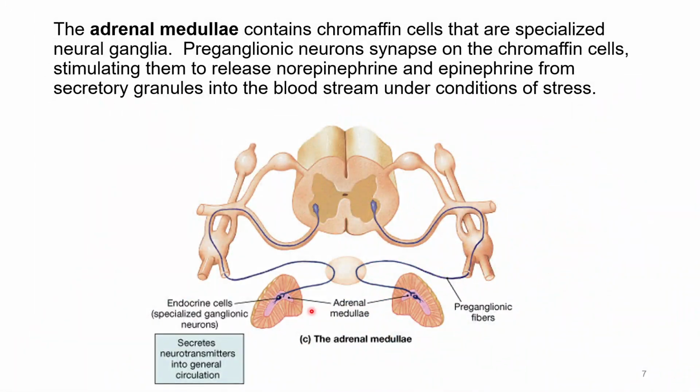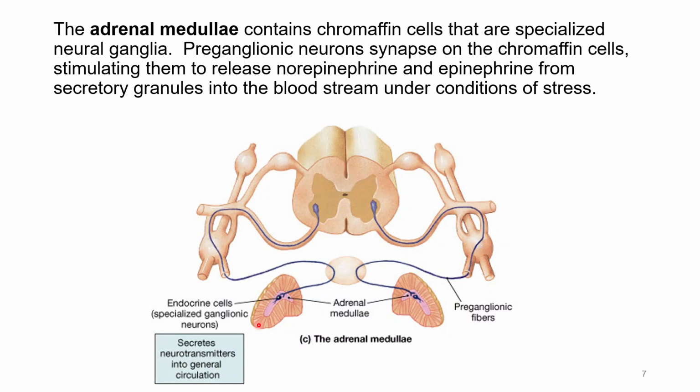So I already mentioned that the adrenal gland is sitting on top of your kidney, and the adrenal medulla, which is shown in here, is in the interior of the adrenal gland. The adrenal medulla is a specialized neural tissue.